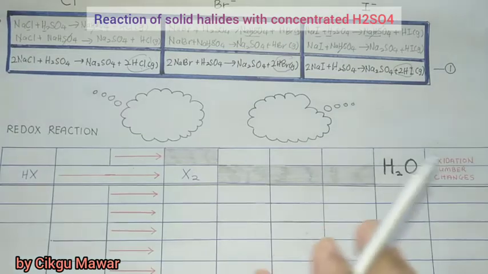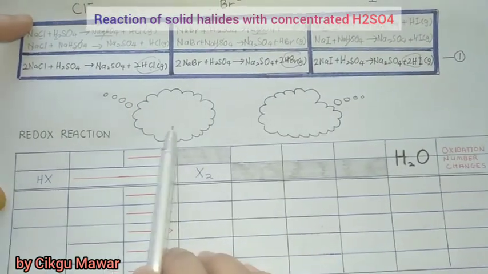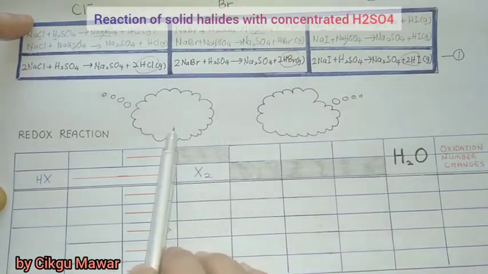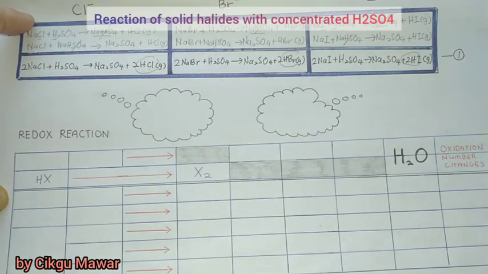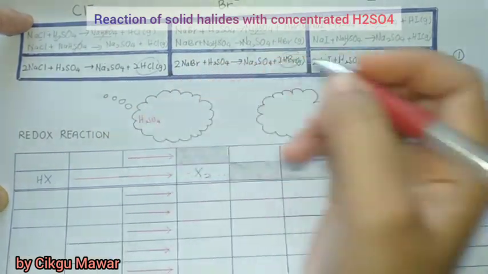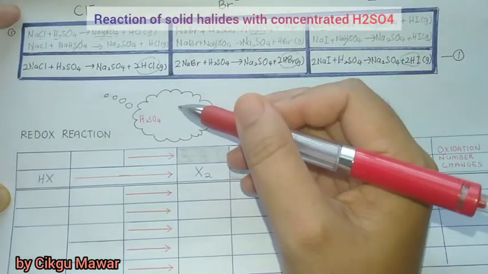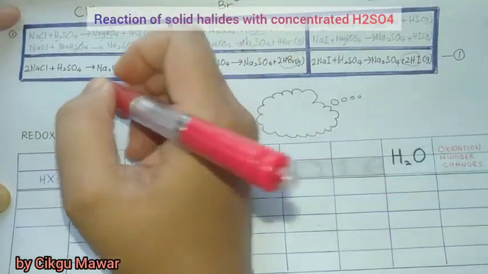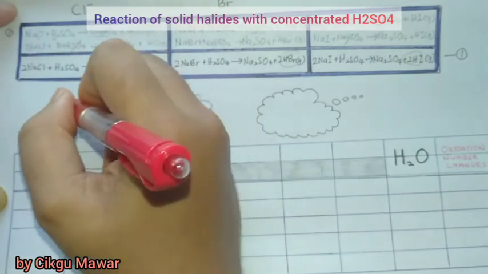Now for the redox reaction, we have two compounds involved. The first one is sulfuric acid. For sulfuric acid, the reduction process will occur.